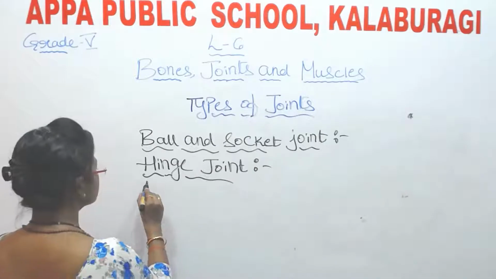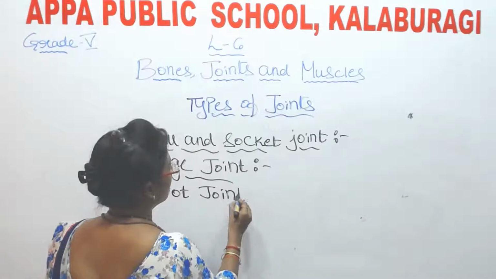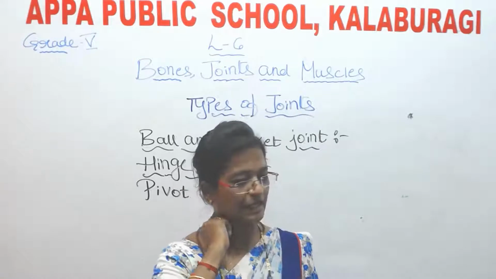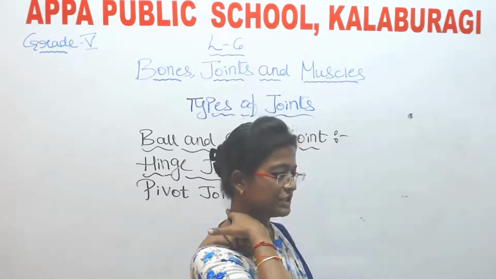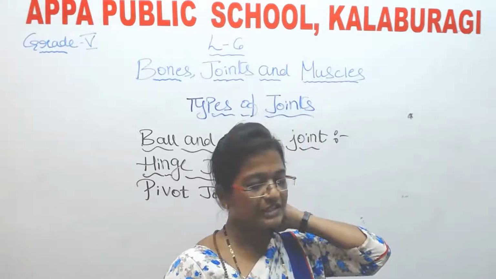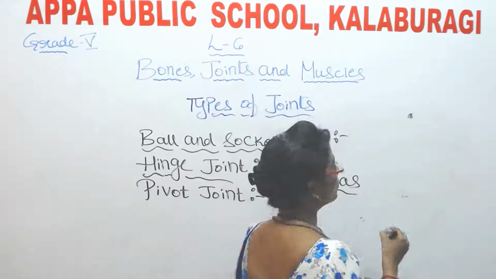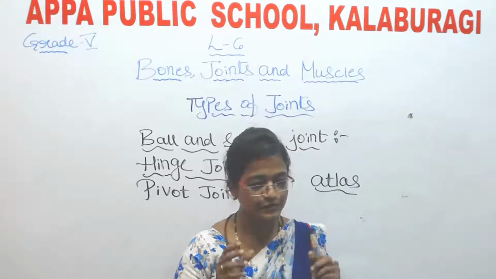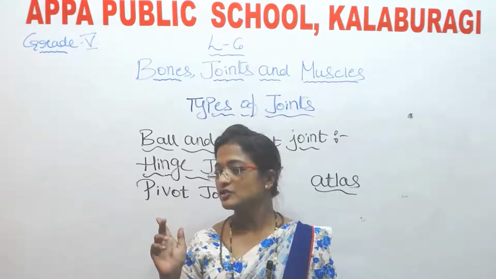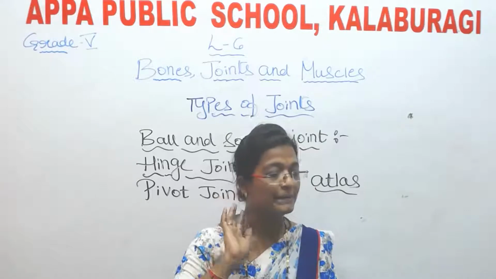So now the next joint is pivot joint. Here the skull moves on top of the first vertebra, which is known as atlas. This pivot joint helps us move our head upward and down, and we can even look sideways, to our left also, and we can rotate, right?